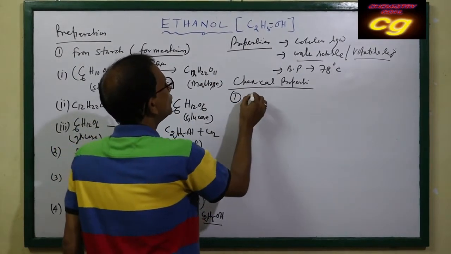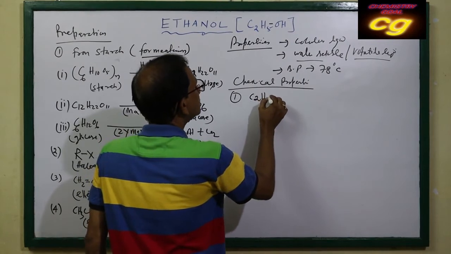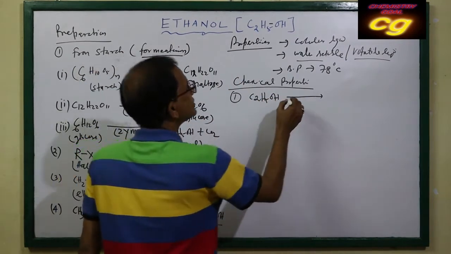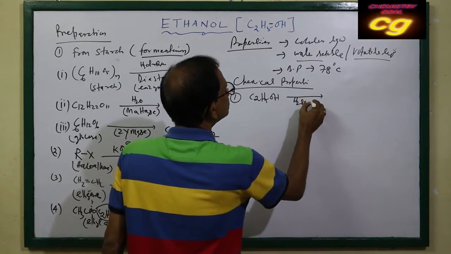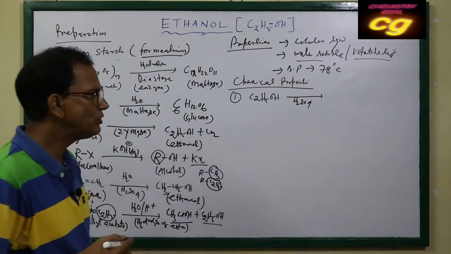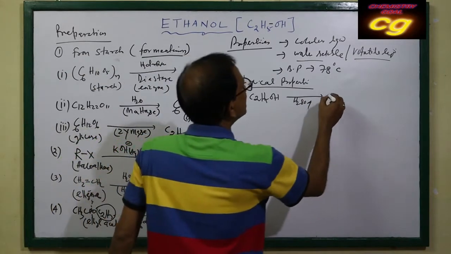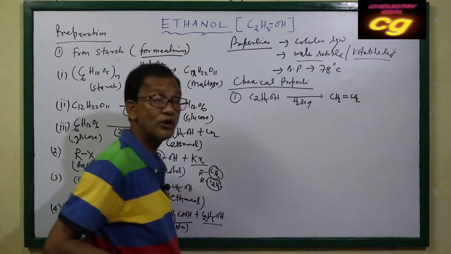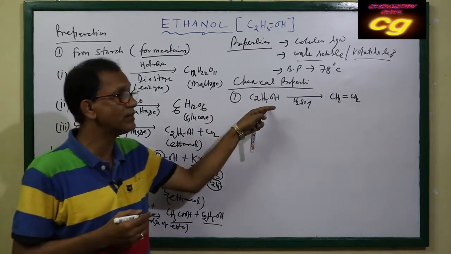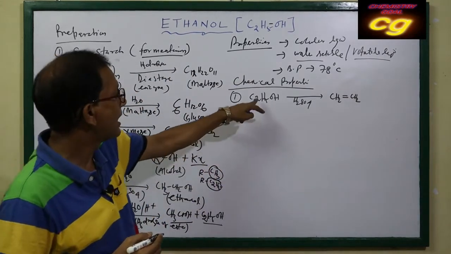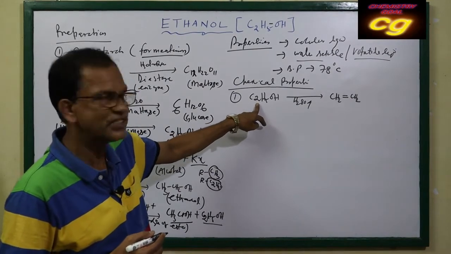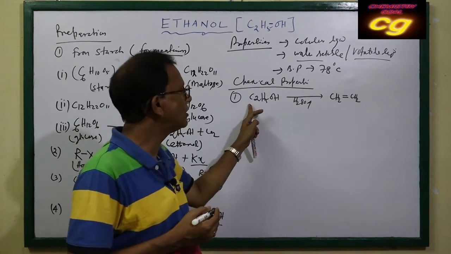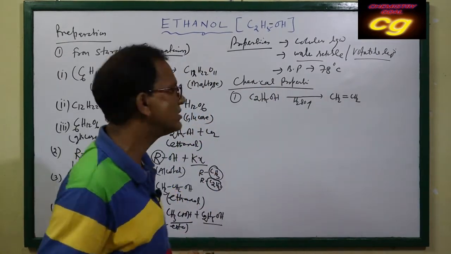First, if you take ethanol and treat it with concentrated sulfuric acid, you will get ethene. And this reaction is called an elimination reaction. Already you have read the types of organic reactions. Alcohol has a carbon-carbon single bond, and now you are getting a carbon-carbon double bond. So single bond converts to double bond. This is called an elimination reaction.